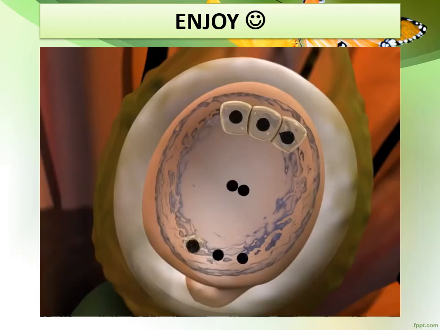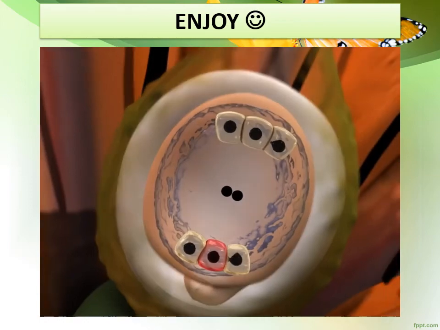Another 3 cells form above the micropyle. 2 of these are synergids, and the other is the egg cell. This leaves 2 nuclei in the center of the ovule. These central nuclei remain together in one large cell. It is the egg cell and this central binucleate cell which will eventually become part of the double fertilization event.